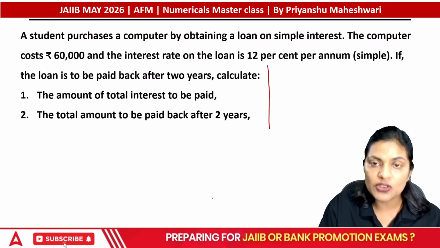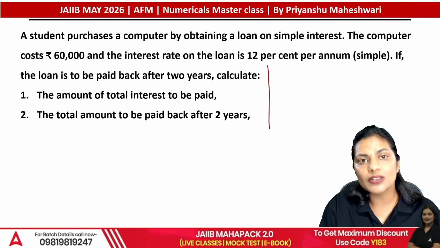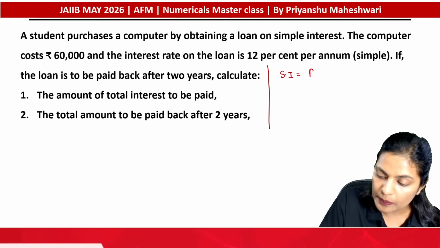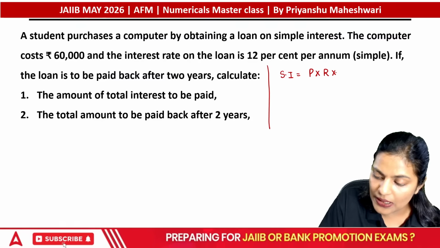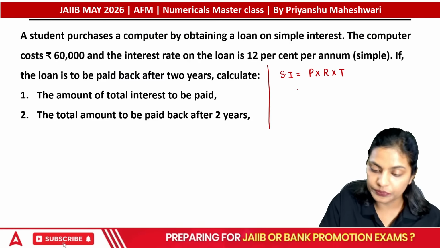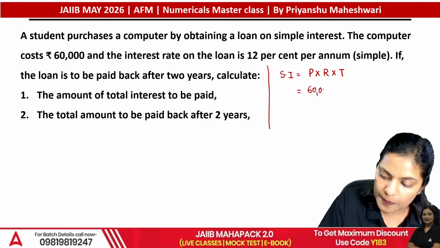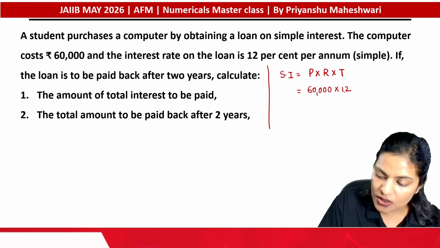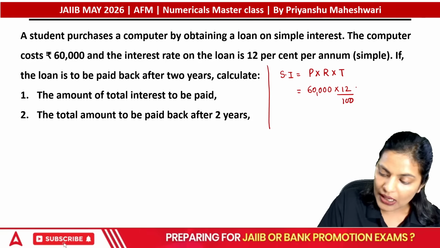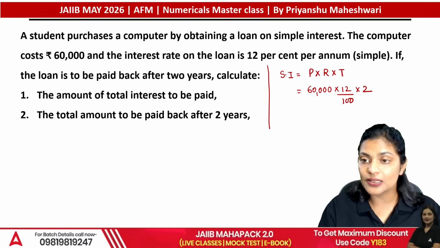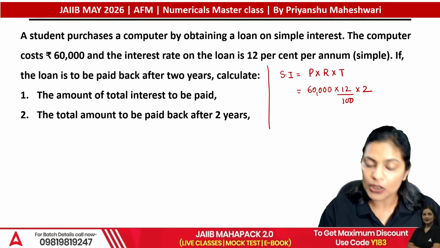So a student purchases a computer by obtaining a loan on simple interest. The formula for simple interest is principal into rate into time. Now, what is the principal amount? 60,000. Rate is 12% and time is 2 years. Correct? Now, if it was in days, we will have taken 365 in the denominator.